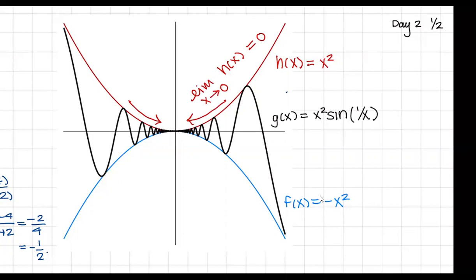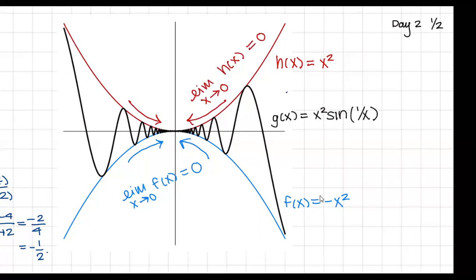And now I want to ask questions. Let's build the graph of f of x equals negative x squared. And I want to say, well, what's going on here at 0? The limit as x approaches 0 of f of x is equal to 0. And we know this because we can just plug in 0 because we've got polynomials, right?